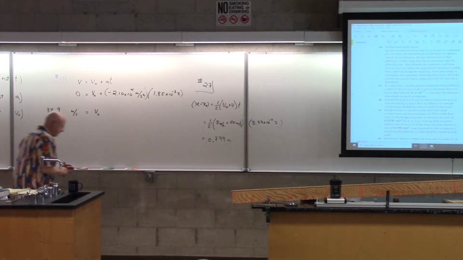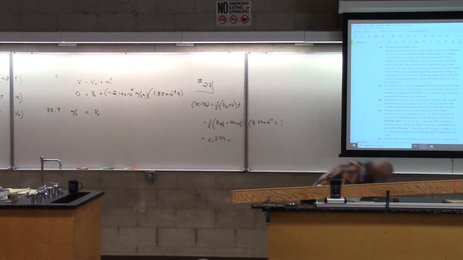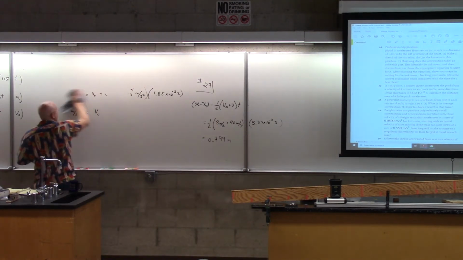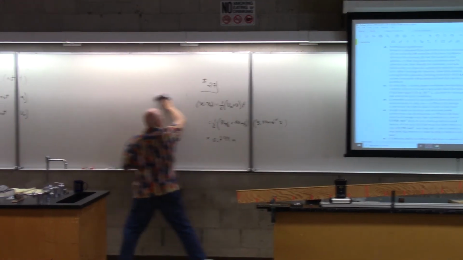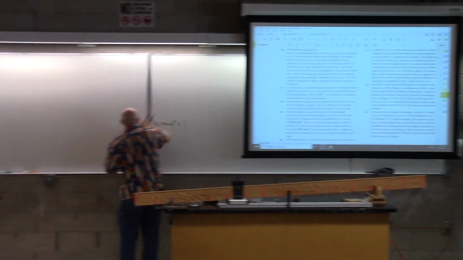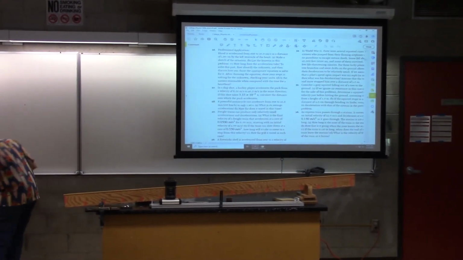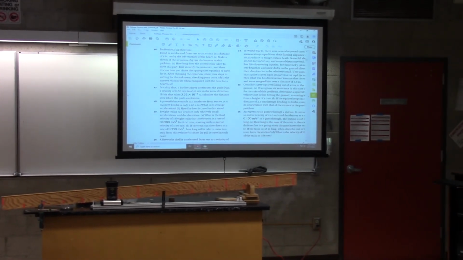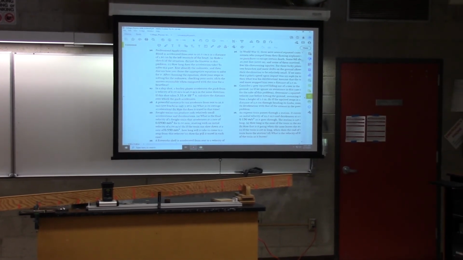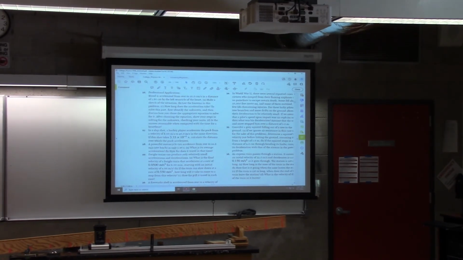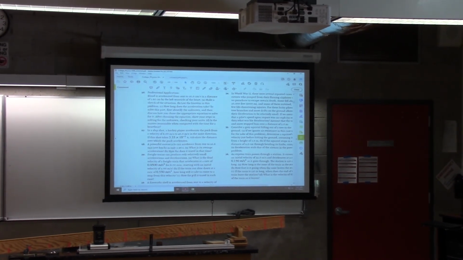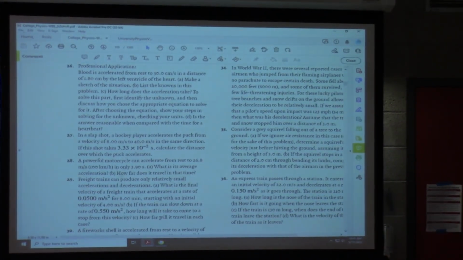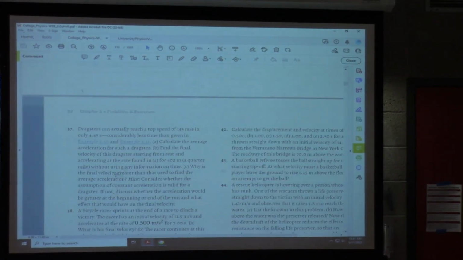Try another one. And let's try 49. And I'll kind of comment the same thing. And then maybe we should move into some calculus 1. But 49 hopefully is that same thing, where I'm going to ask, is this a constant acceleration problem?